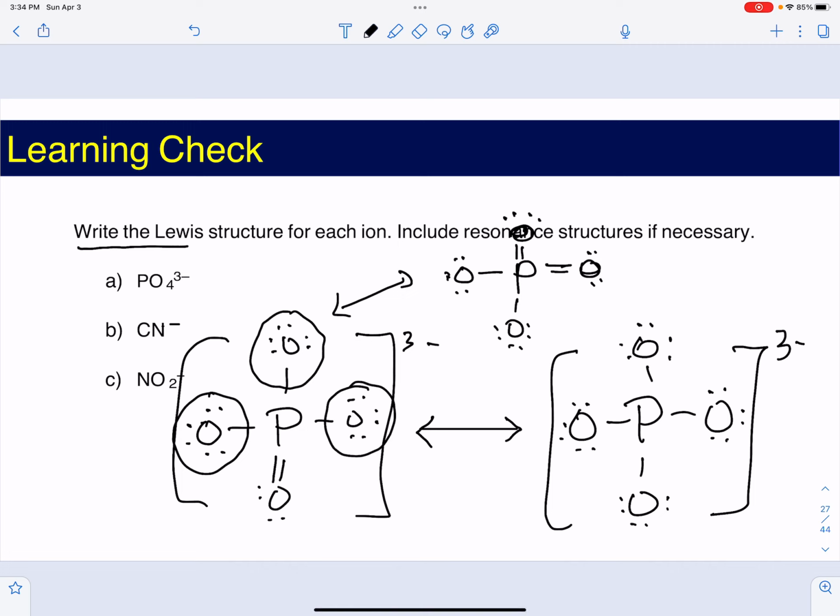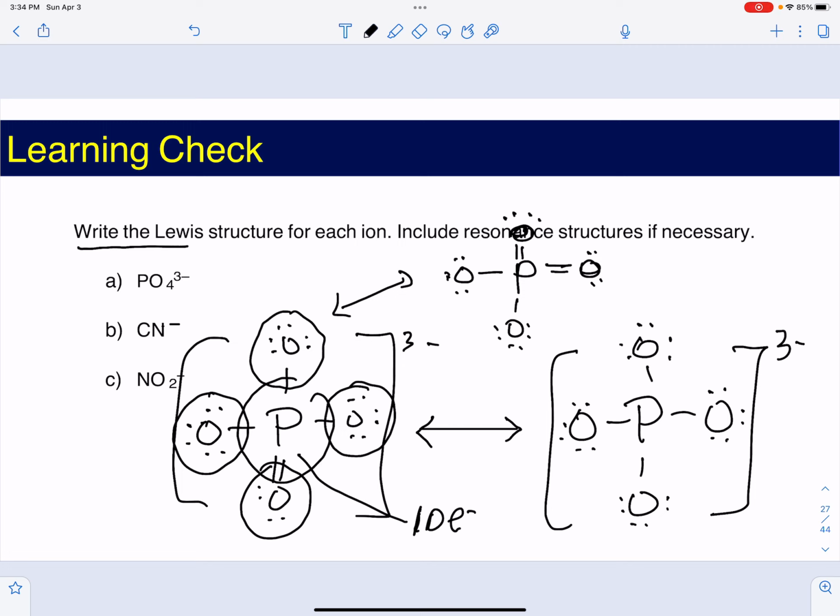Remember, the line is 2 electrons. And this oxygen has 8 electrons: 2 lines, which is 4, and 2 more pairs. But the phosphorus has 10 electrons. And you probably say, there's something wrong with that. That's not like a noble gas, right?